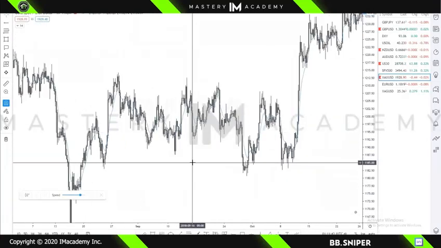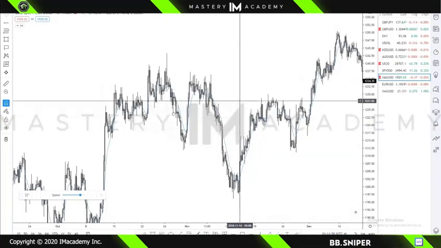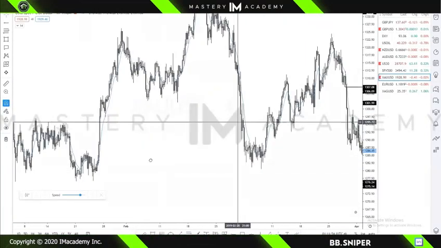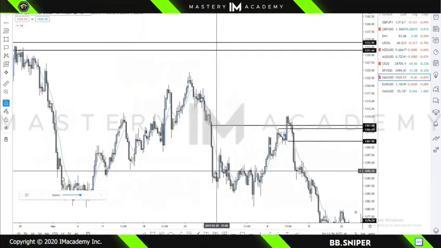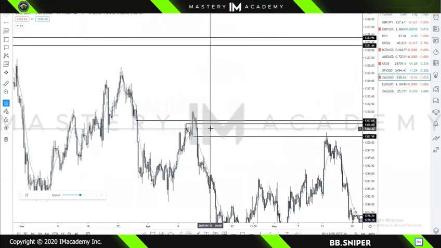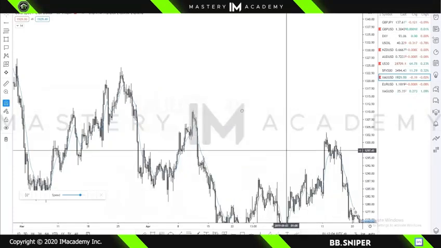If we have at least two of these, it is a higher probability institutional candle. And if we have three or more, or all four of them, highest probability institutional candle, in my personal opinion. So I'm going to show some examples of this.